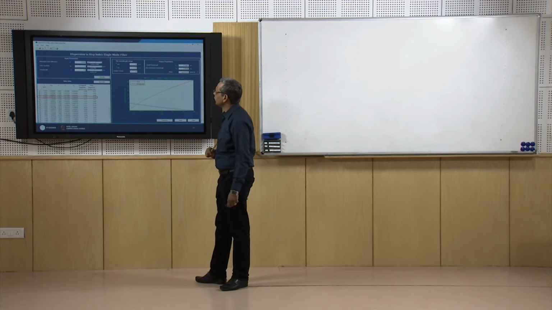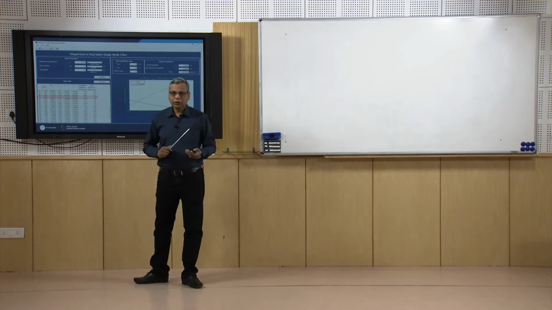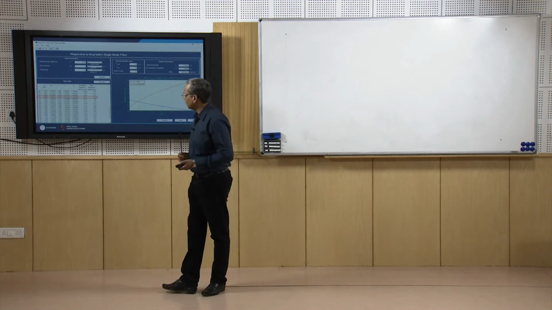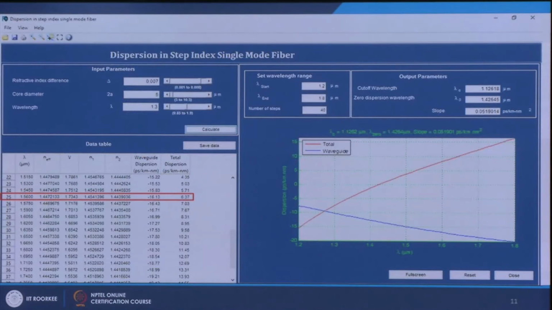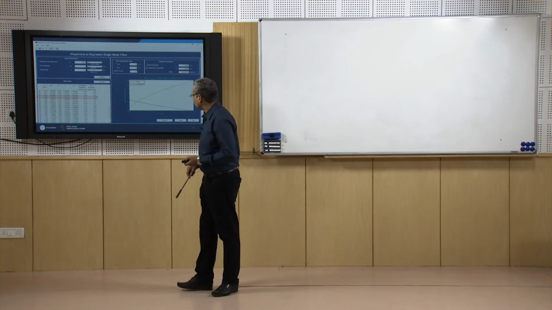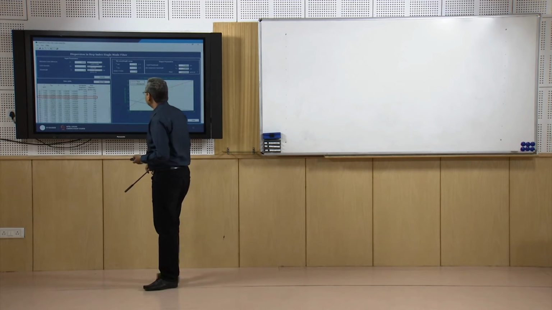If I further increase, I see that if I increase the value of delta, then my waveguide dispersion is changing quite a lot. Okay. If I am increasing delta, then the magnitude of waveguide dispersion is increasing. Okay. And the total dispersion is decreasing.